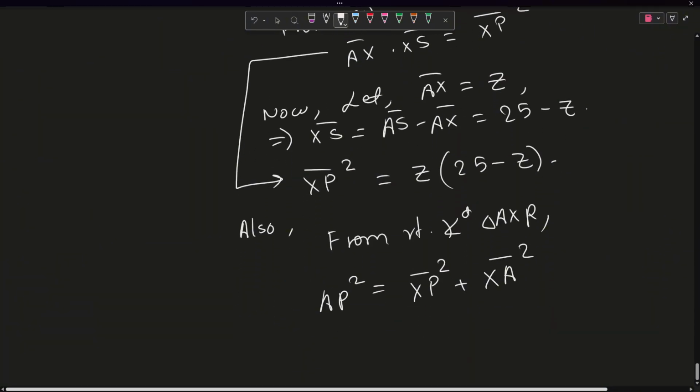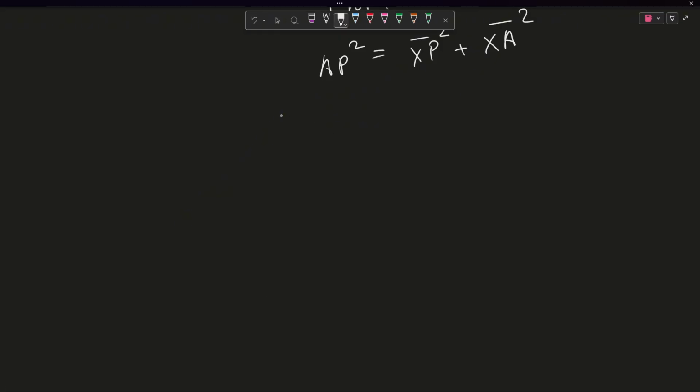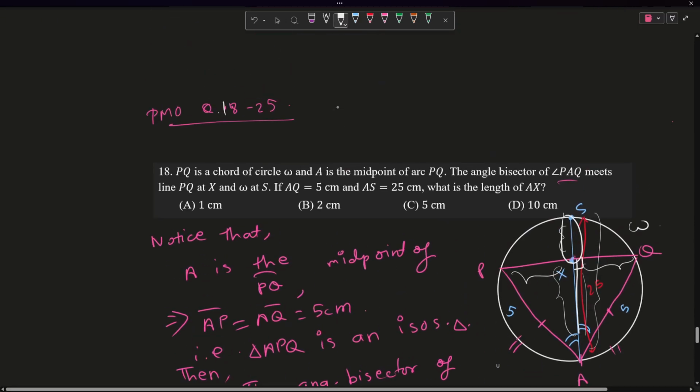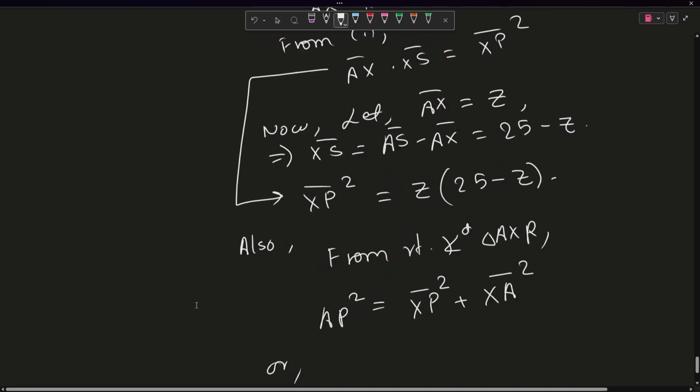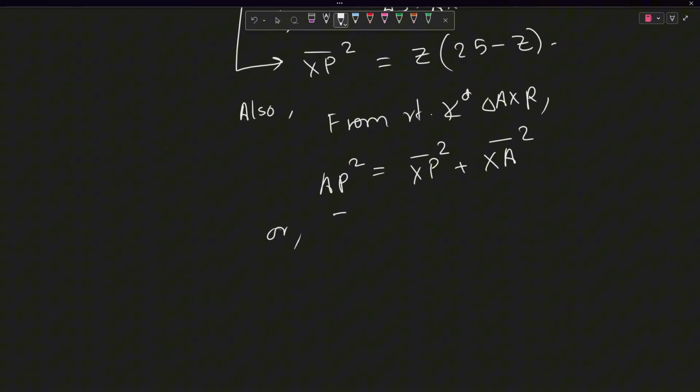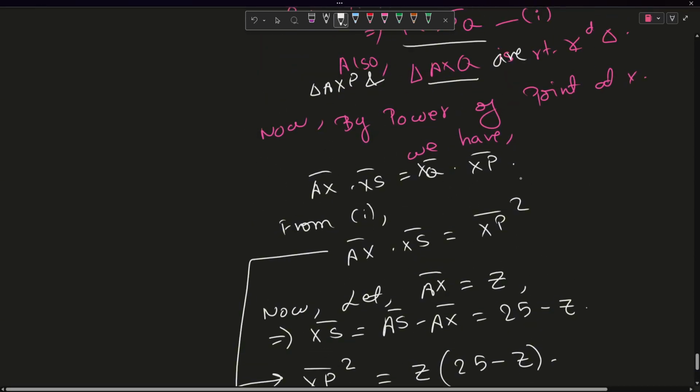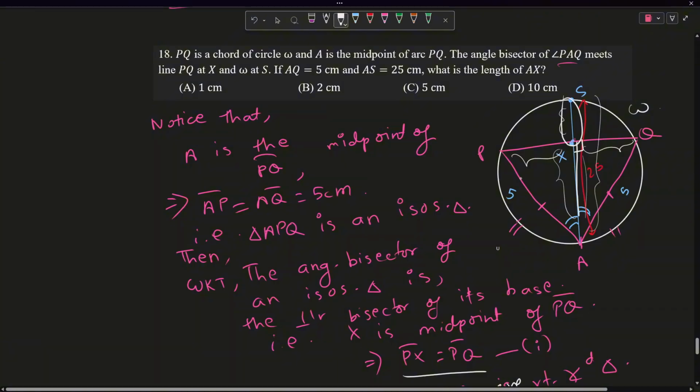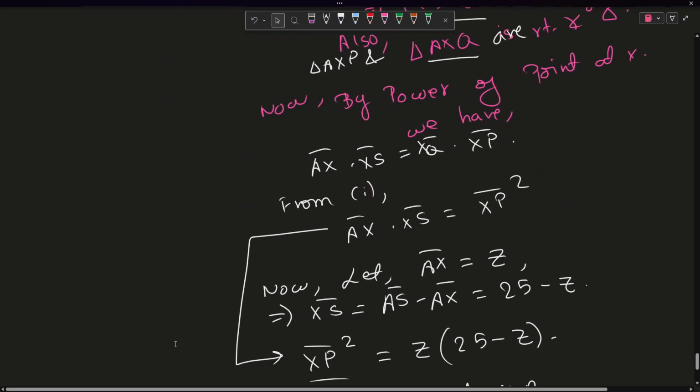So AP square is just 5 square, 25, which is equal to XP square, which is Z times 25 minus Z, plus XA square.